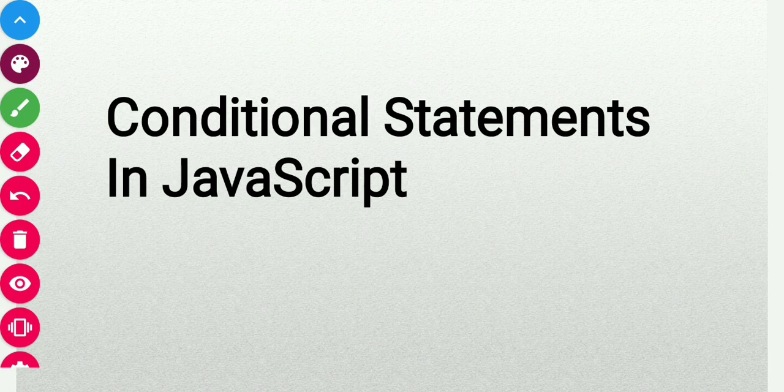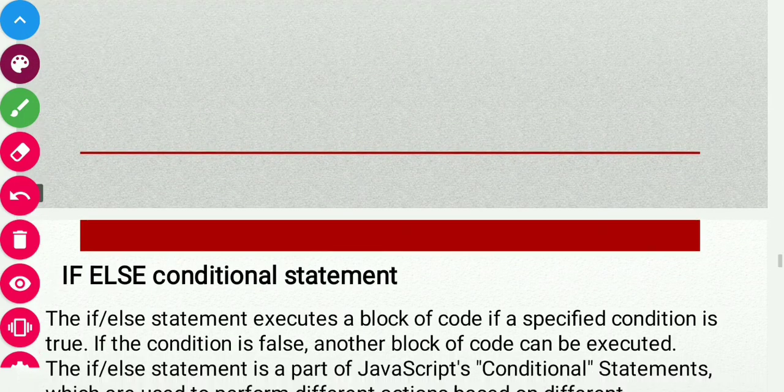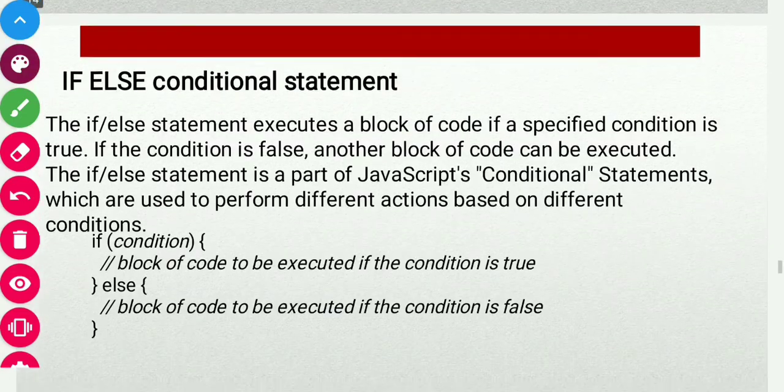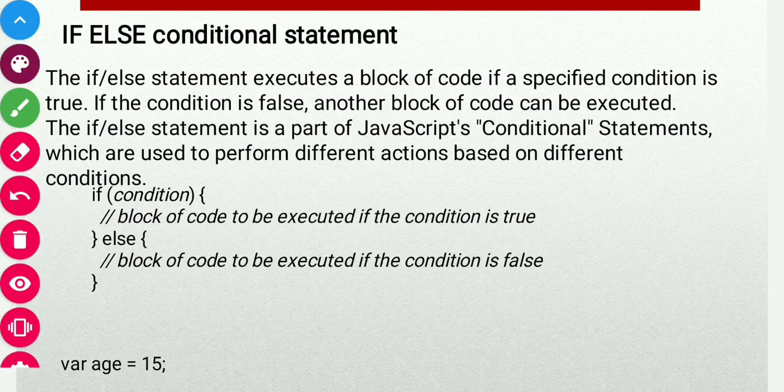So let's see what the conditional statements in JavaScript are. First, we have the if conditional statement. The if else conditional statement executes a block of code if a specified condition is true. If the condition is false, another block of code can be executed.